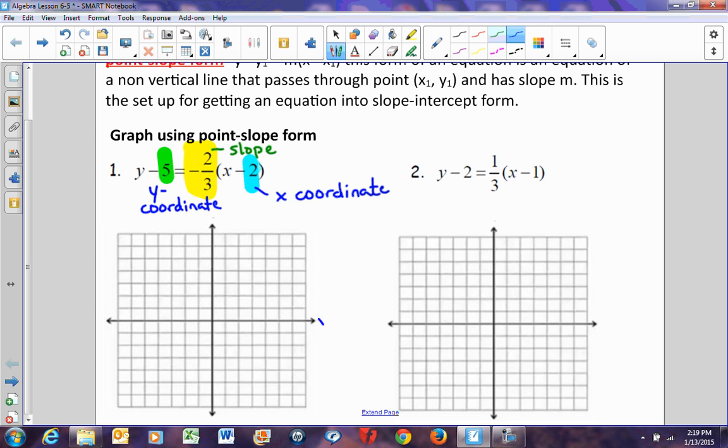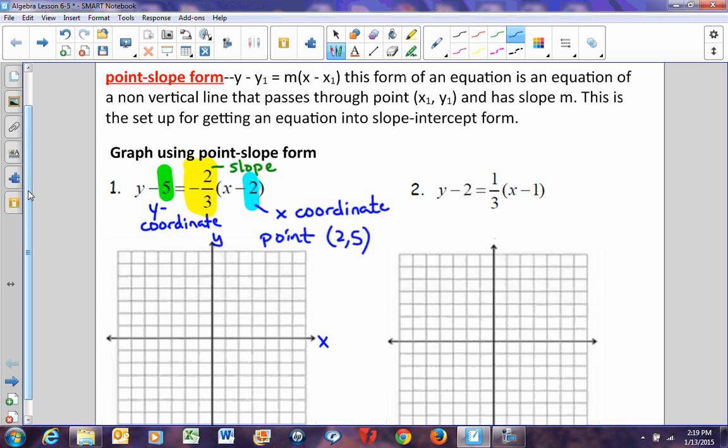Okay, so the first thing I'll do, x and y. Remember, 5 is the y-coordinate of my point, and 2 is the x-coordinate of my point. So my point is actually 2, 5.